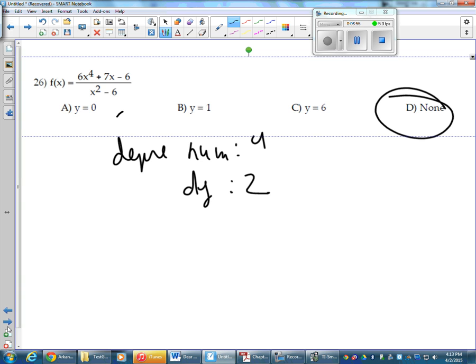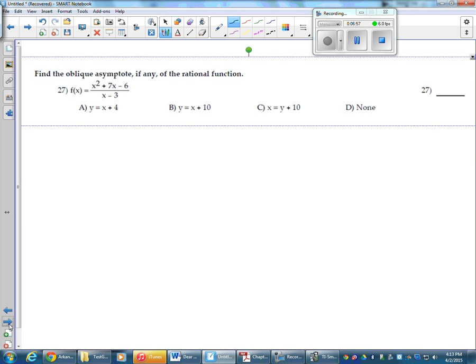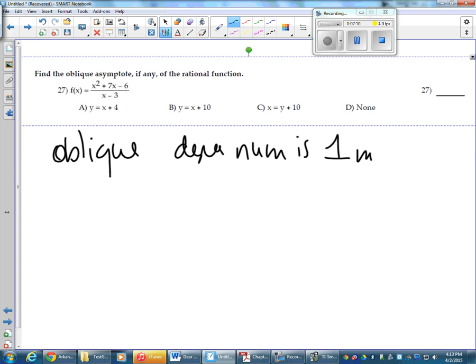And then problem 27, find the oblique asymptote. There is an oblique asymptote when the degree of the numerator is 1 more than the degree of the denominator. And there is here, because this is 2 and this is 1, so it's 1 more.